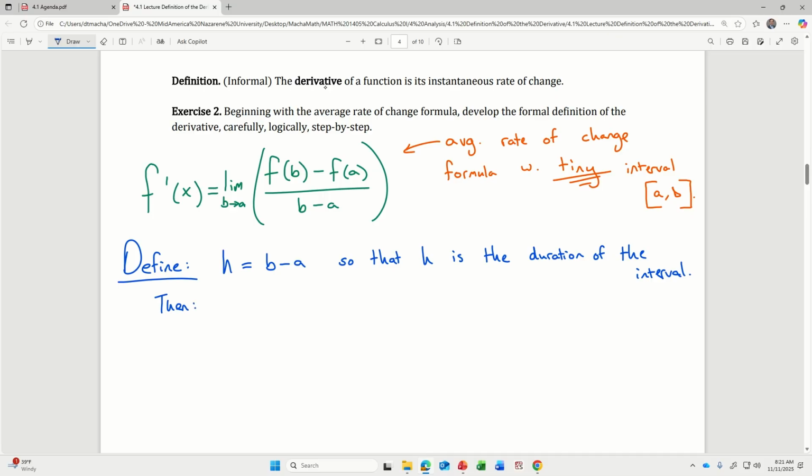Then, when b is approaching a, that means h is approaching 0. And if I want to take this equation, h equals b minus a, and rearrange this to solve for b, b would be equal to a plus h.